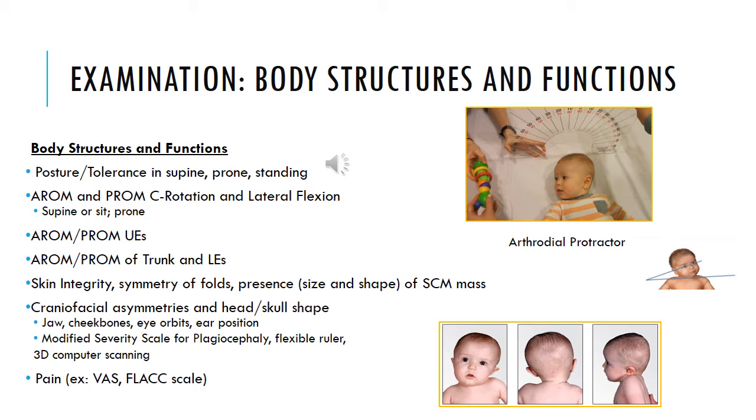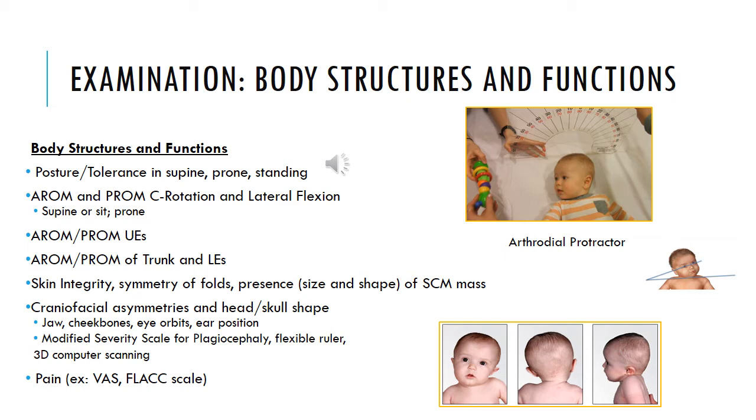First, you're going to begin with examining a child's posture and tolerance to a variety of different developmental positions that would be based off of their developmental age and where you would expect them to be functioning.